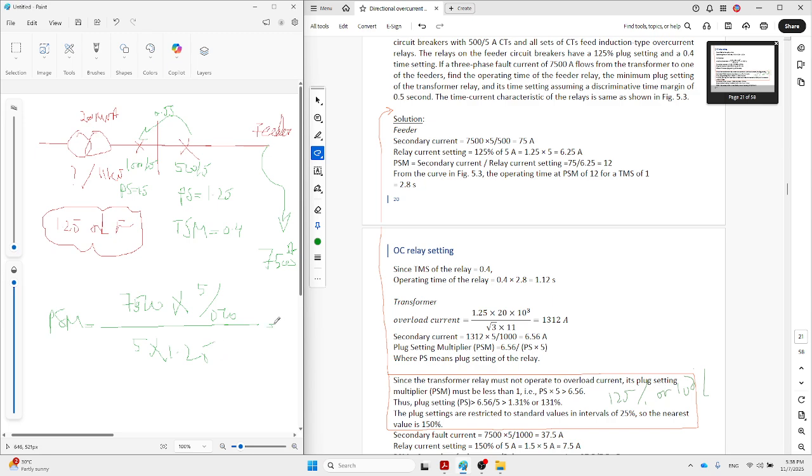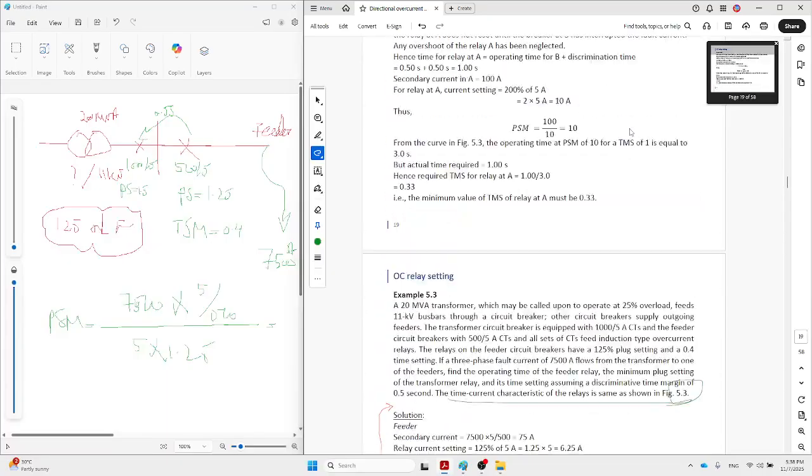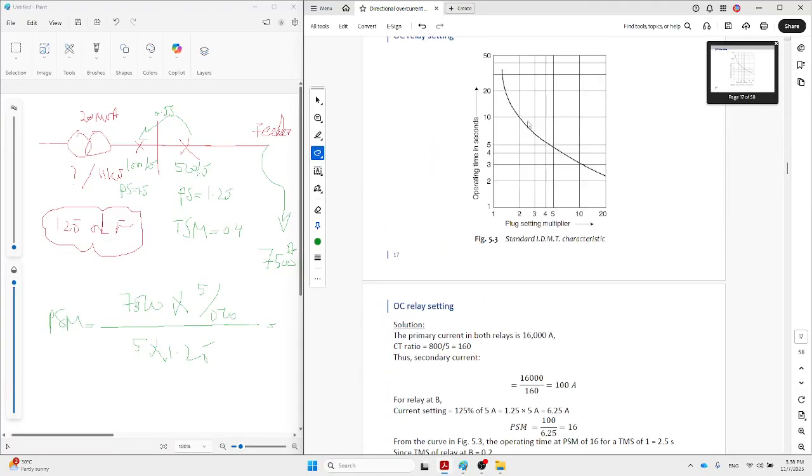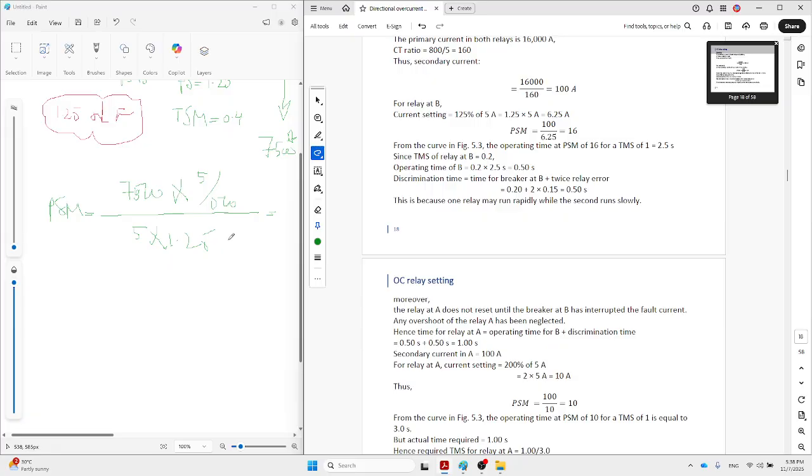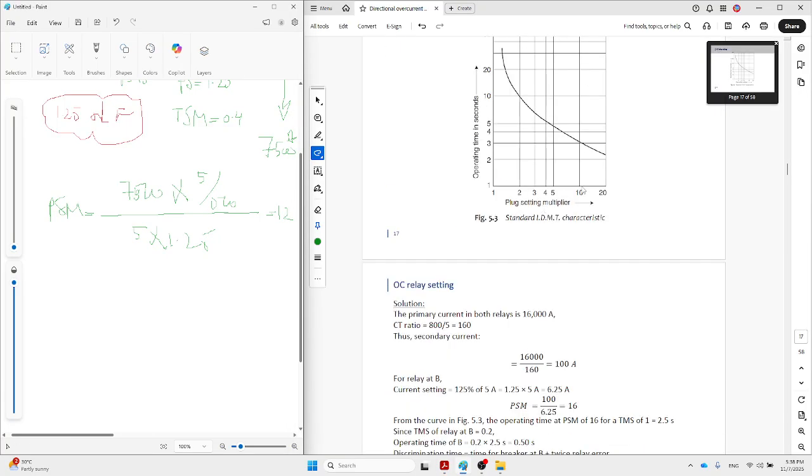Don't forget, for the time relay characteristic graph, we should use figure 5.4, which is this one. So 7,500 times 5 divided by 500 divided by 5 times 1.25 is 12. So using this graph, as 10, 11, 12, assume this is 12.